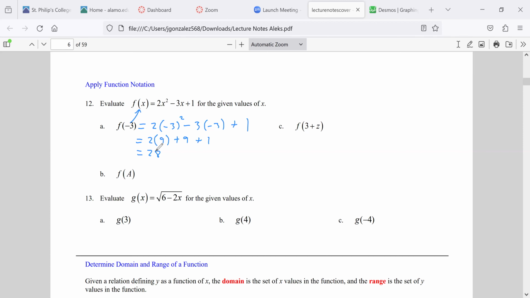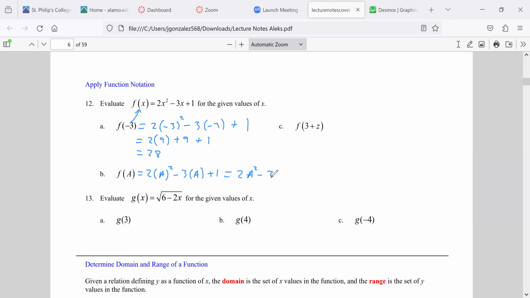No big deal, right? Here it says plug in capital A, so just do it, don't question it. A is going to go in there, just like -3. A is just some variable, I don't know what it is.